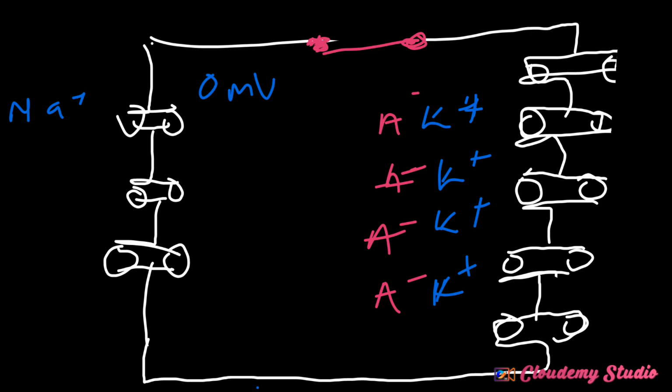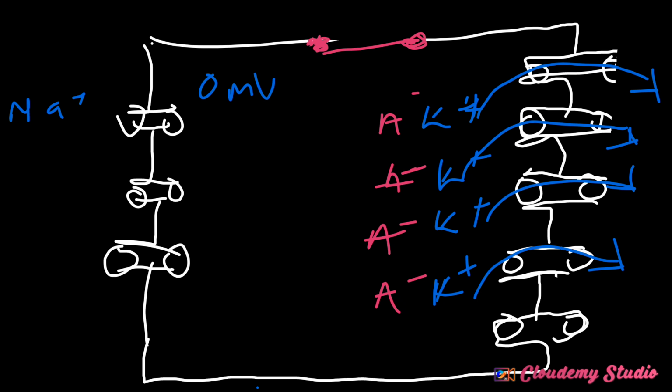Now, at resting membrane potential, the potassium ion channel opens. Once the potassium ion channel opens, potassium flows outside of the cell, leaving anions behind.